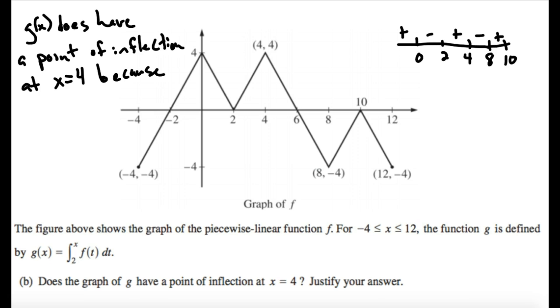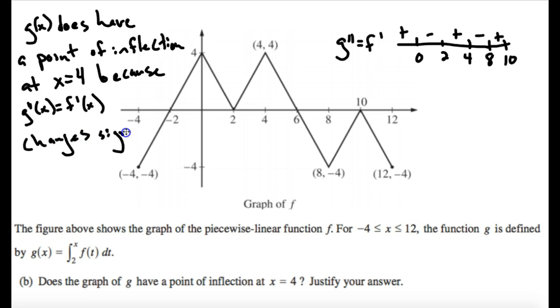I should have labeled this as g double prime, which is the same as f prime. Okay, so g of x does have a point of inflection at x equals 4 because g double prime of x, which is the same as f prime of x, changes sign at x equals 4.